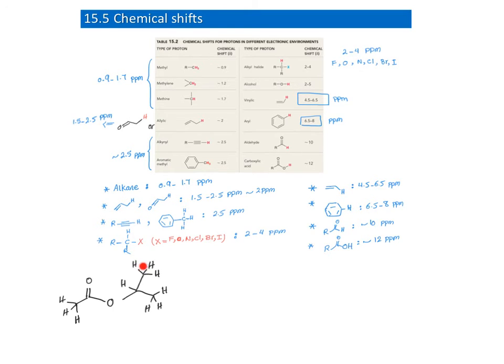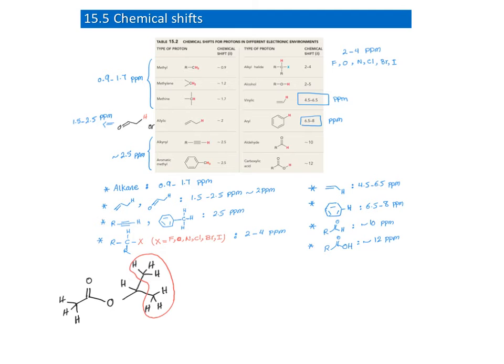These two methyl groups are the same because we have free rotation about this bond, so they can interchange. Therefore, they have the same chemical environment, and both of them and their hydrogens will show one signal.